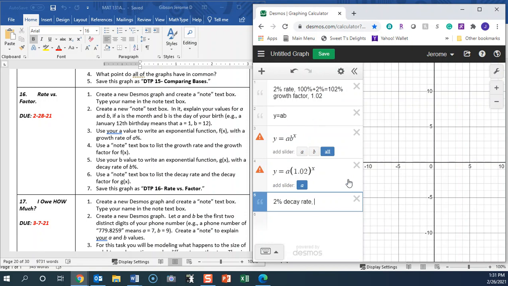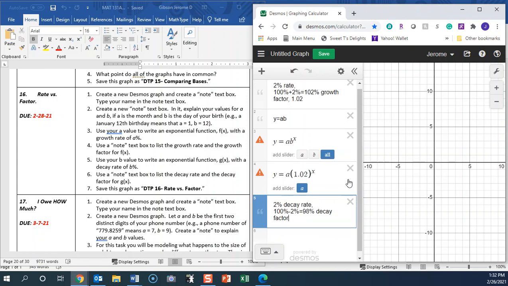Now to get your decay factor, what you would do is take 100% and subtract your decay rate, which is 2%. So your decay factor would be 98%. Just like with the growth rate, you have to change your decay factor into a decimal, so it'd be 0.98.